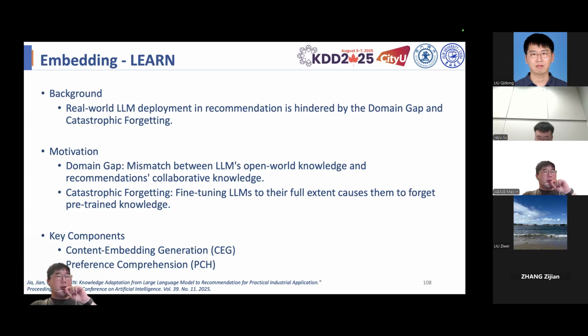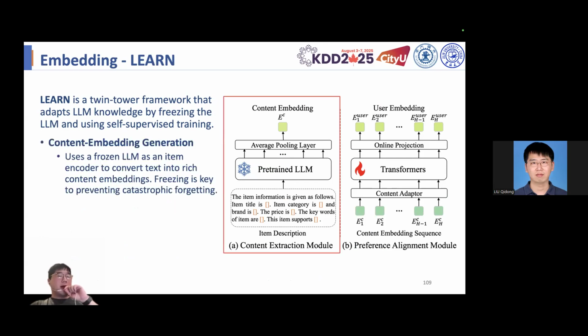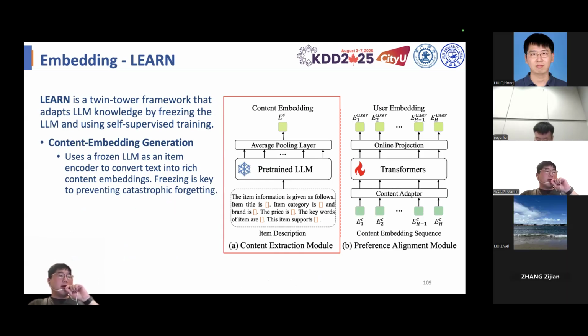The two components of this LEARN method are, first, content embedding generation, and second, preference comprehension. LEARN is a Twin Tower framework that adapts these two components. The first, content embedding generation, uses frozen large models as an item encoder to convert text into rich content embeddings.